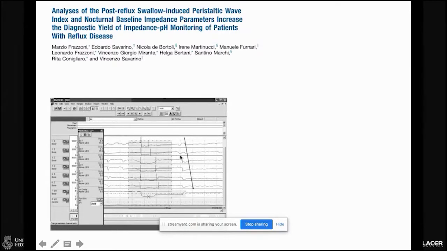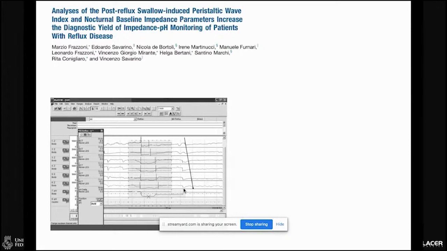This reflex is called post-reflux swallow-induced peristaltic wave. And in healthy subjects, this is pretty common. More than 60–70% of the physiological reflux events are followed by this swallow within the first 15–20 seconds.